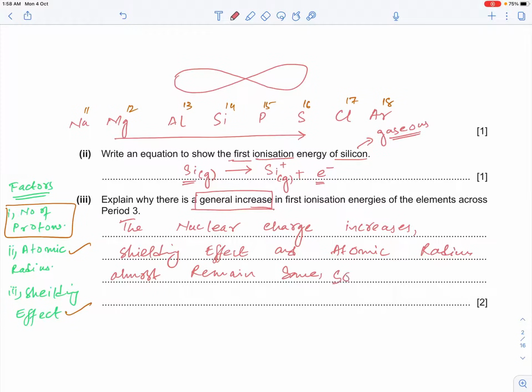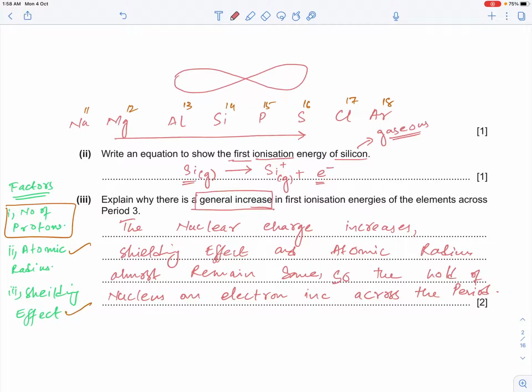So it would be difficult, or we can say the hold of nucleus on electron increases across the period, right?